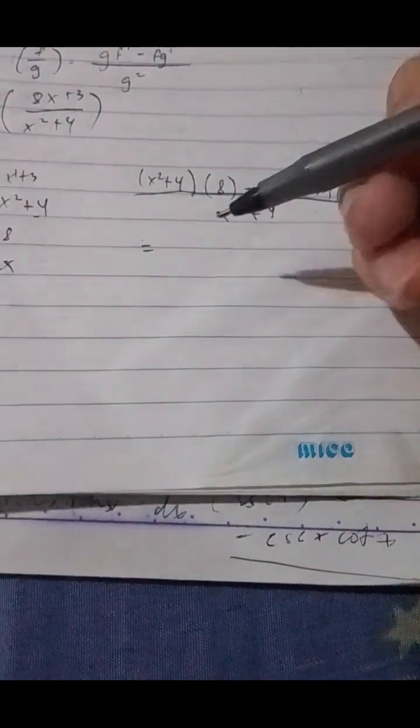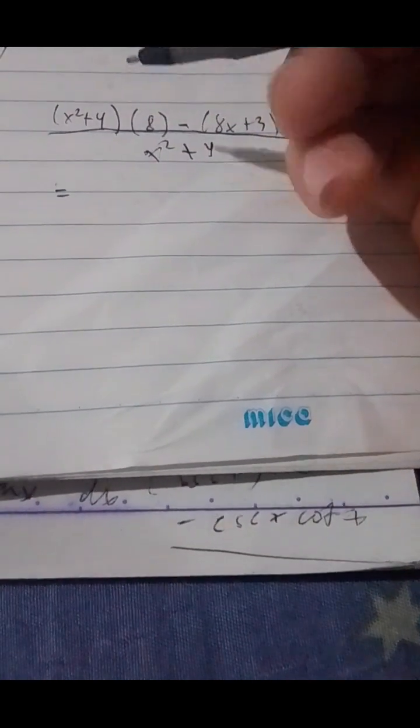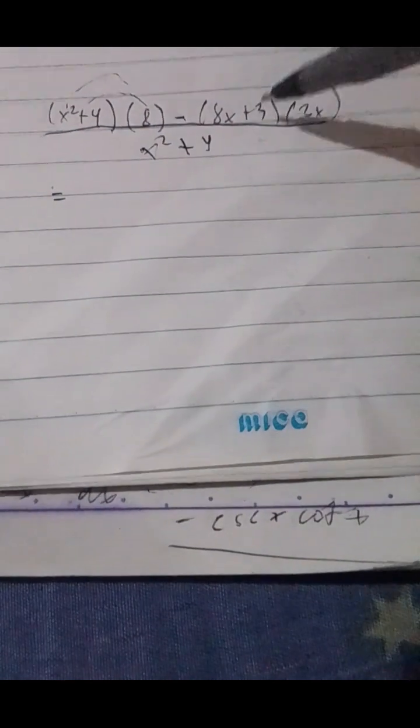To find this derivative, first we multiply this 8 and this x squared plus 4.